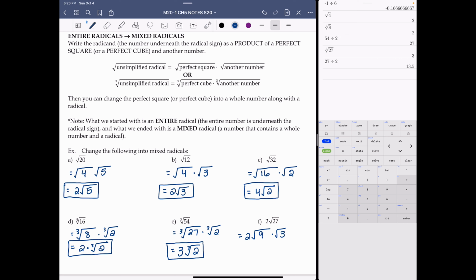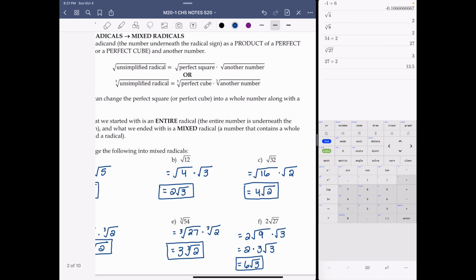Then we can take the square root of 9. It's 3. So we have 2 times 3 times the square root of 3. And then we can multiply our coefficients. 2 times 3 is 6. And we have the square root of 3. So 6 square root 3 is our mixed radical.